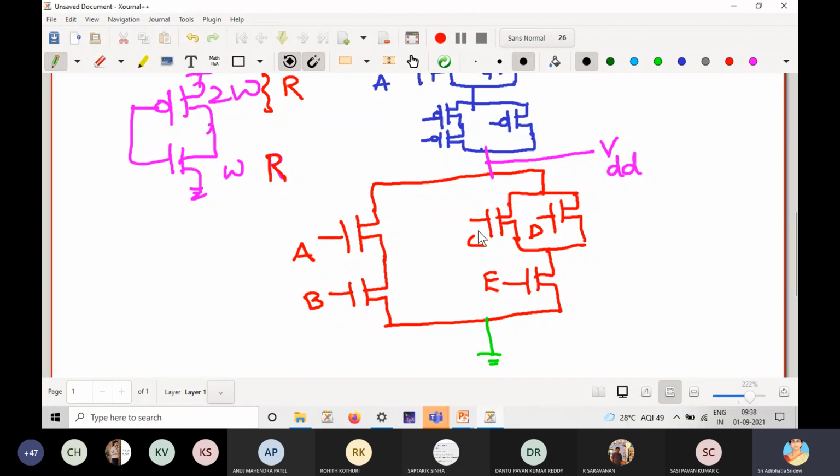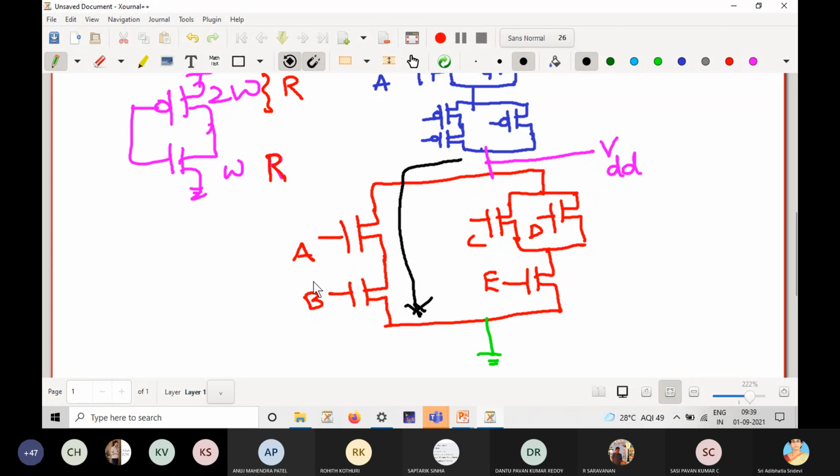So now check it. There are two parallel paths, so the current may flow either through this path or through this path. First go to this path. In this path, how many NMOS are there? 2 NMOSFETs in series, correct? So 2 NMOSFETs in series make a resistance of 2R.